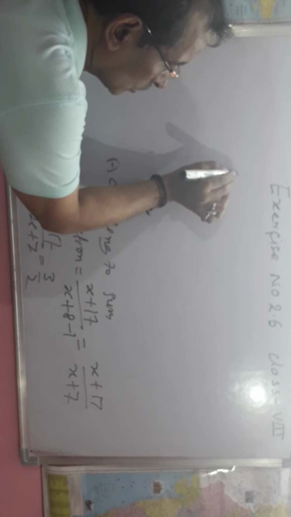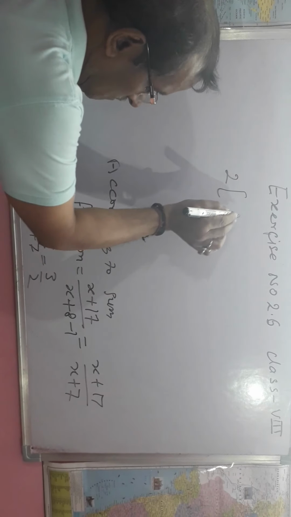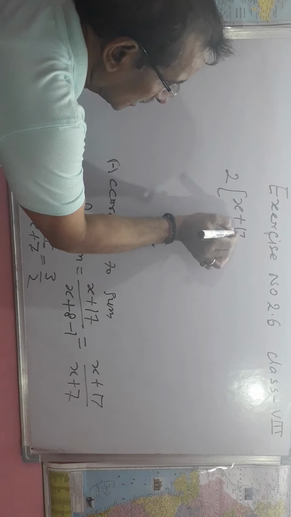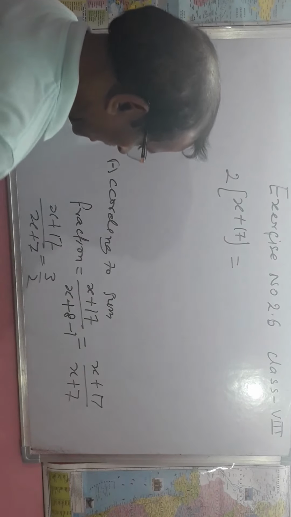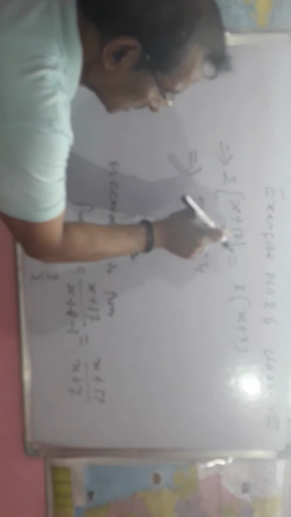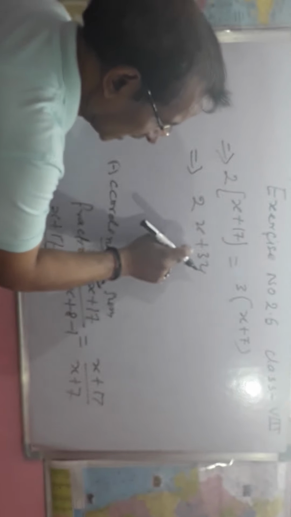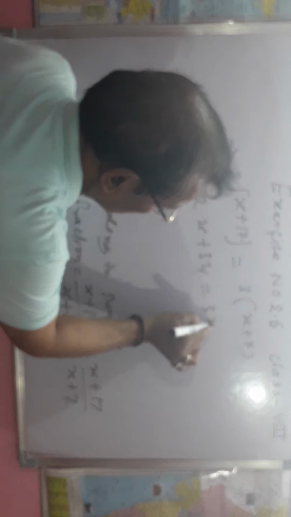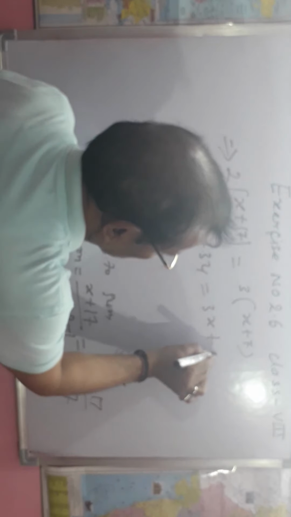Now we will cross multiply. After cross multiplication, 2 multiply x plus 17, implies 2x plus 34, 17 multiplied by 2 we get 34, is equal to 3 multiply x plus 7, 3x plus 3 multiplied 7, 21.